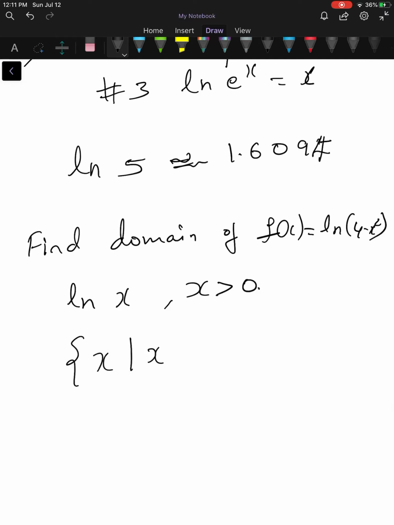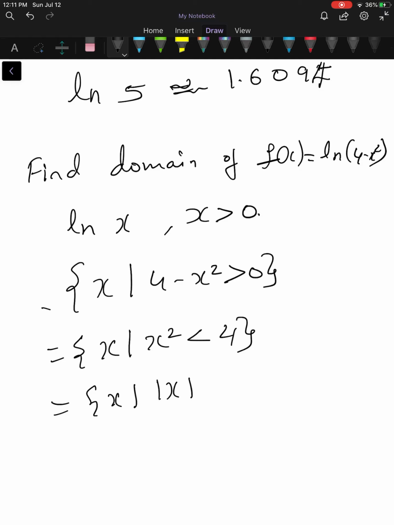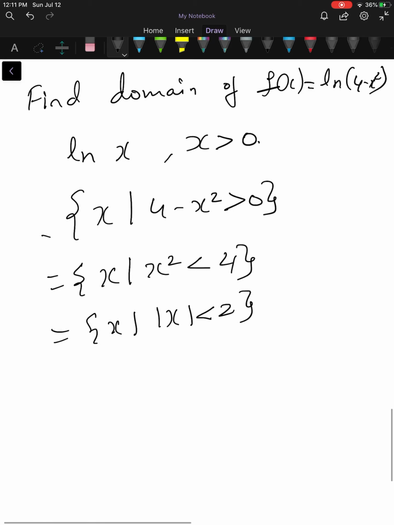Therefore, the domain of f is the set of all x such that 4 minus x square is greater than 0. That is the set of all x such that x square is less than 4, that is, absolute value of x is less than 2.